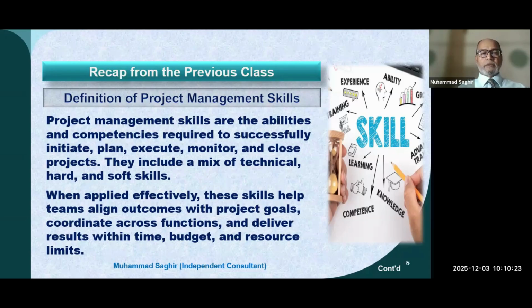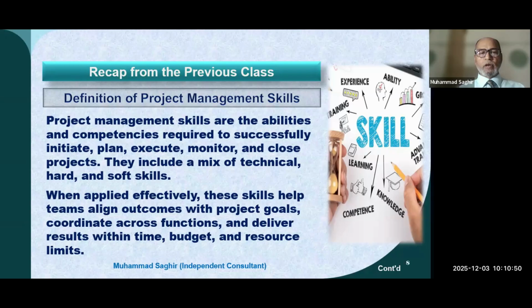At all these steps, you need to have managerial skills, and then they include sort of a mixed technical, hard and soft skills. These are types of skills, and you need to have combination of these skills in order to successfully initiate, plan, execute, monitor, and close projects.